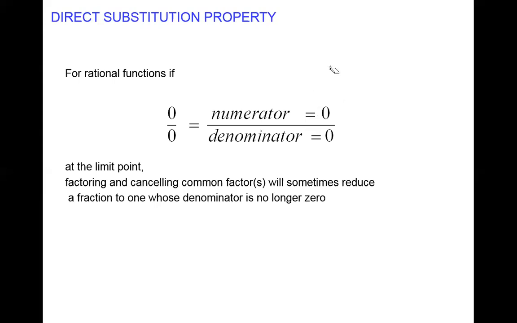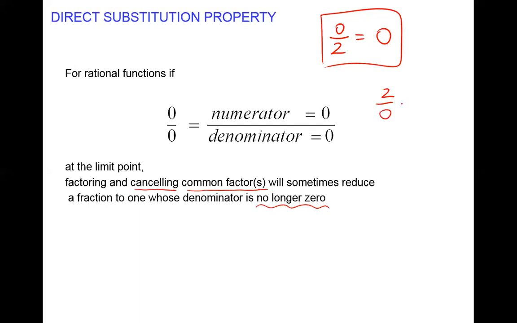And again, what we have to do is find common factors sometimes. We have to cancel out, and then the denominator is no longer 0. Because we may have 0 on the top, and please remember 0 over 2, for example, is 0. That's fine. If I have 2 over 0, then we don't know.